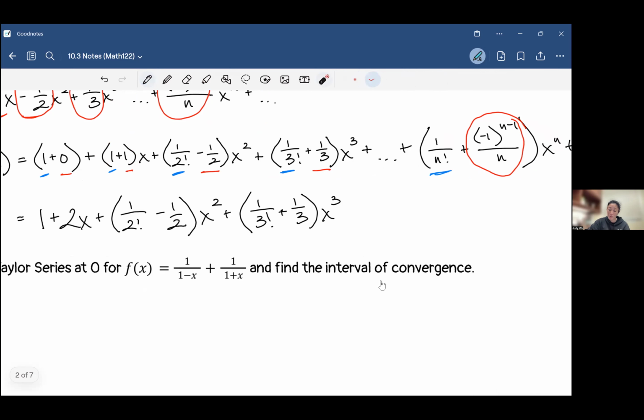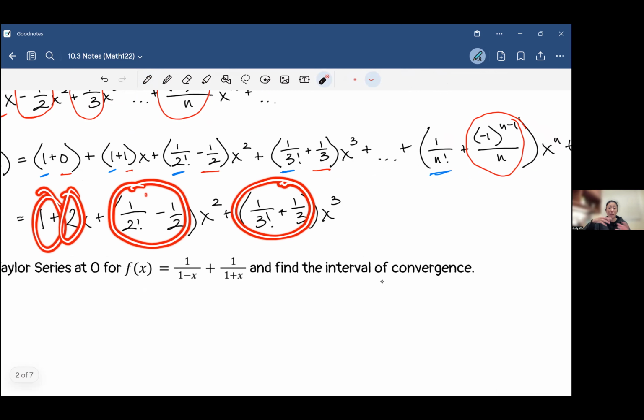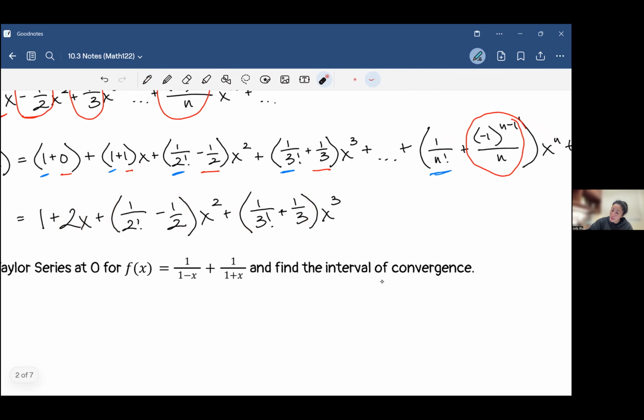So these coefficients here, here, here, and here are what I would type in if I was talking about the first four terms. Then they're going to ask for the nth one. So I'll just leave that in the unsimplified form.